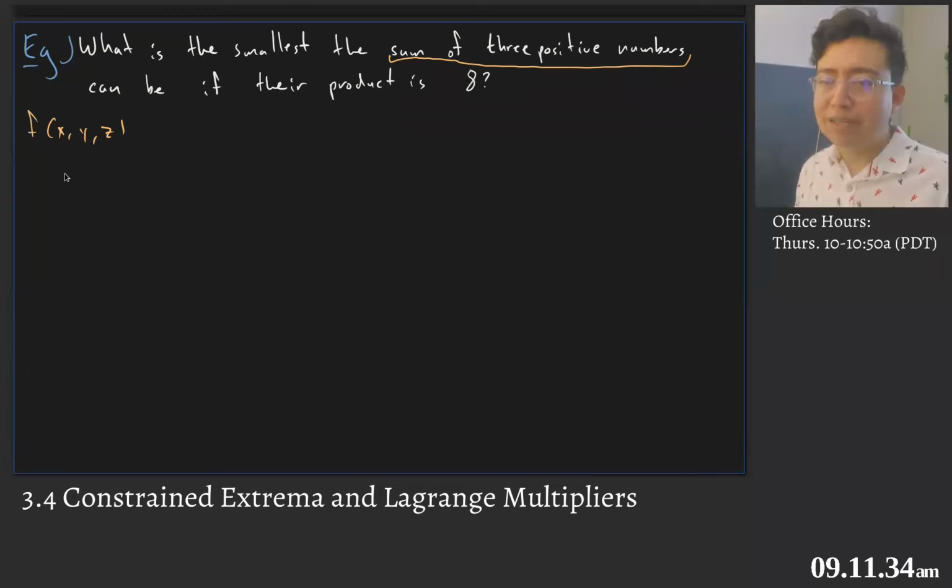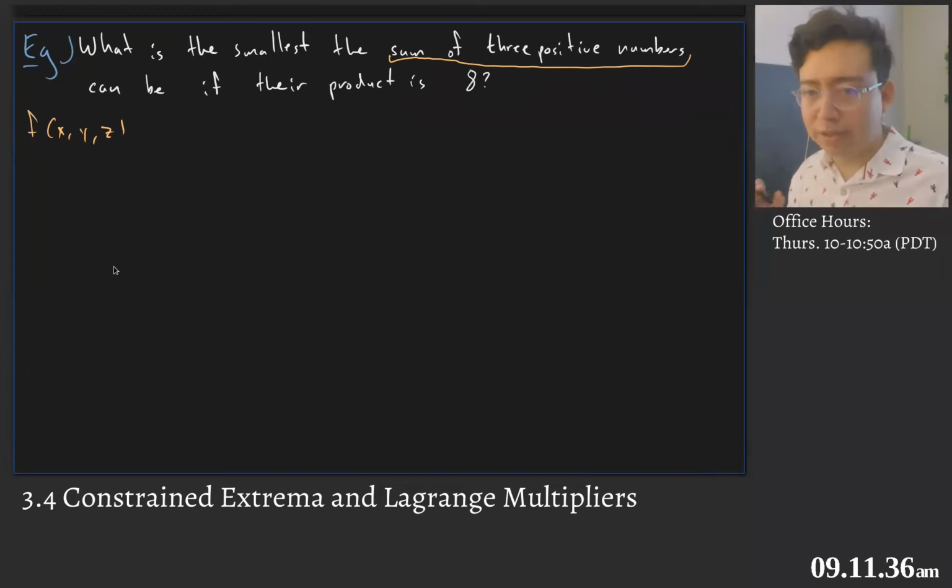The positive part here is just a little technicality. I'll touch on it when I get to the relevant step. But for now, this is just a function where we add 3 numbers together, and we're trying to find a minimum for this function. What's the smallest this can possibly be?